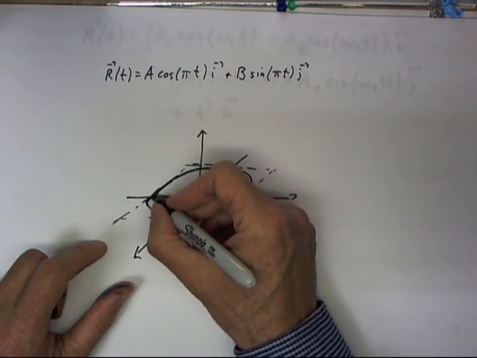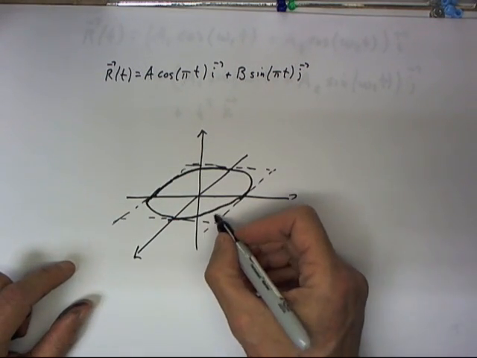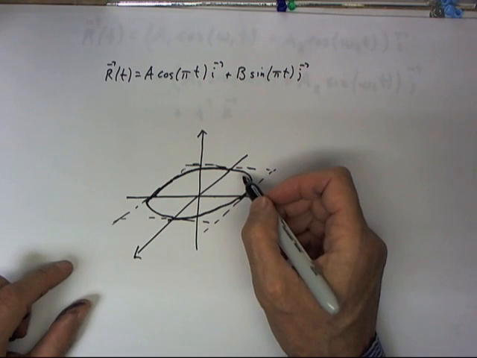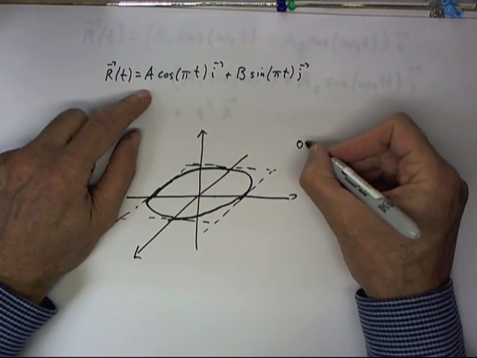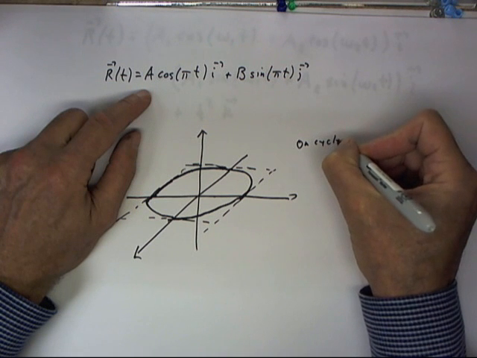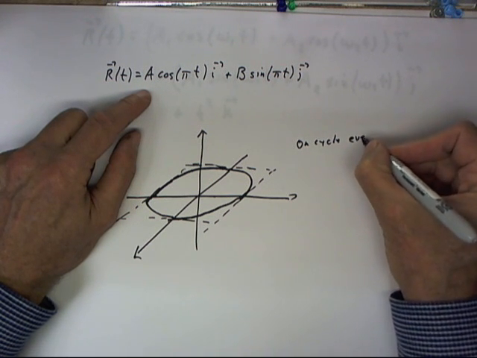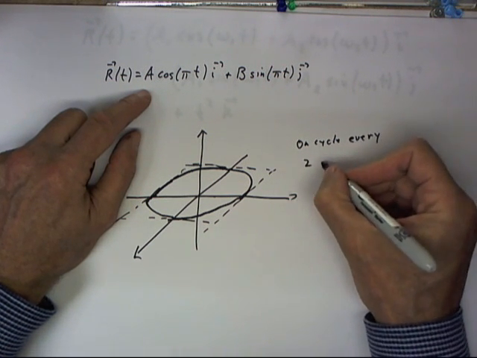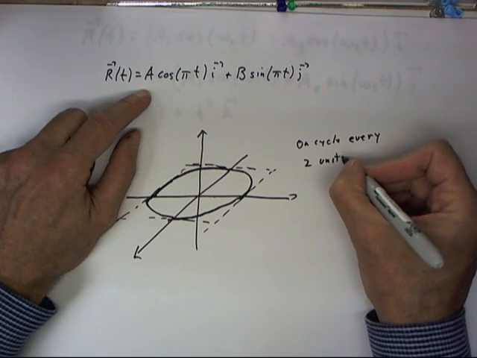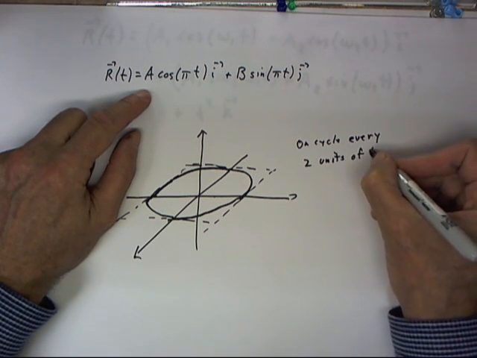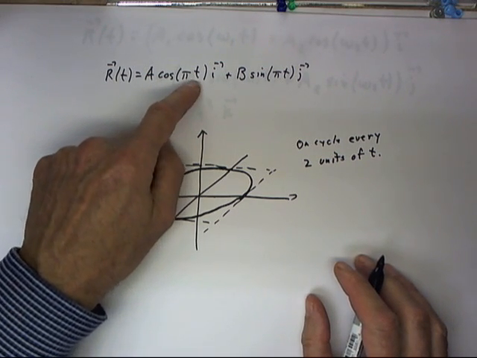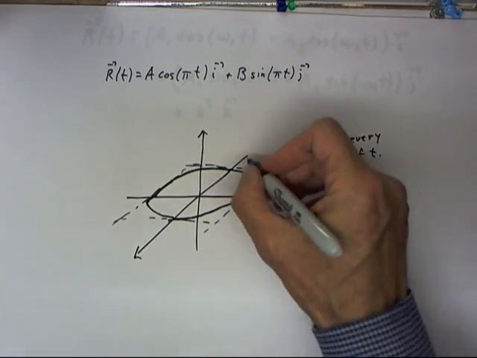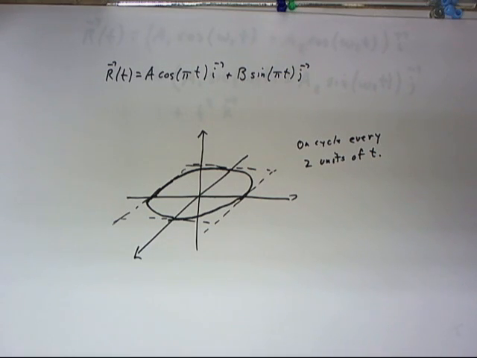We're moving around a circle of radius a, and we do one cycle every 2 units of t, because of course when t changes by 2, pi t changes by 2 pi, and that corresponds to a complete circuit around the circle.